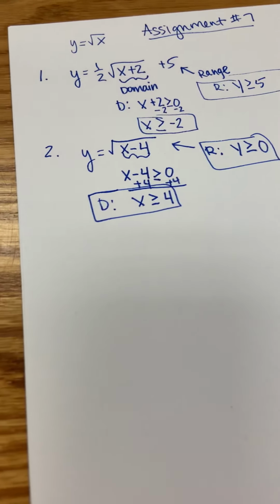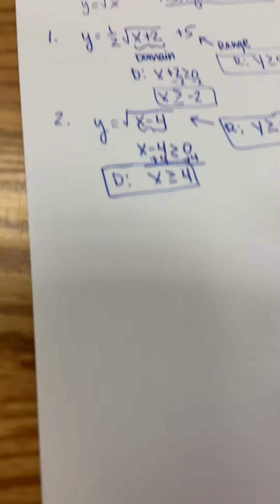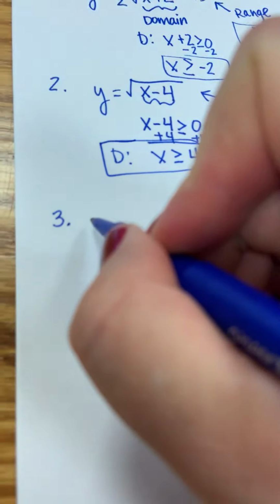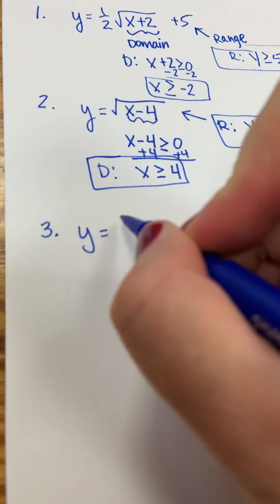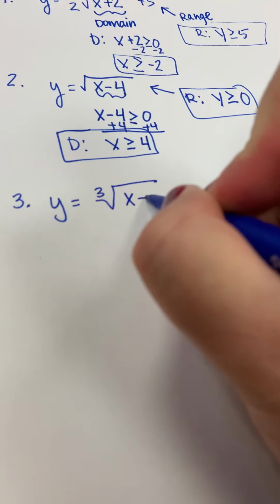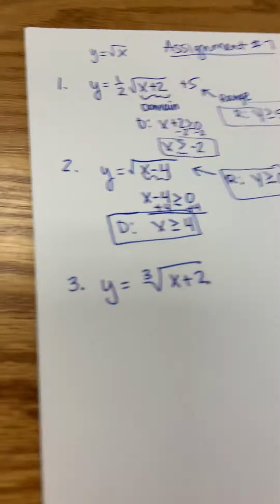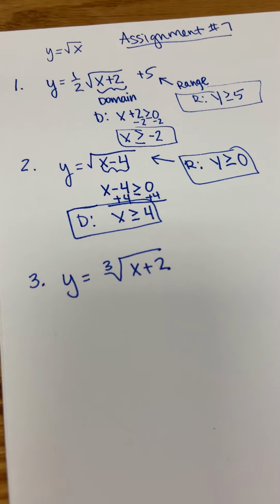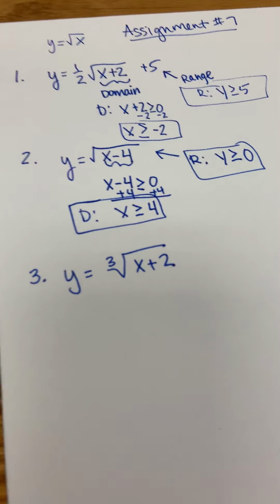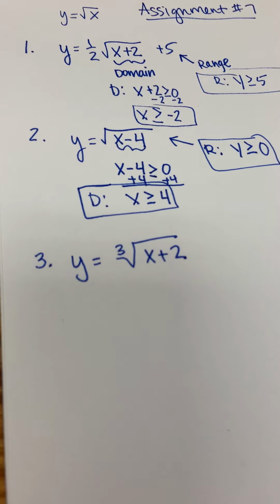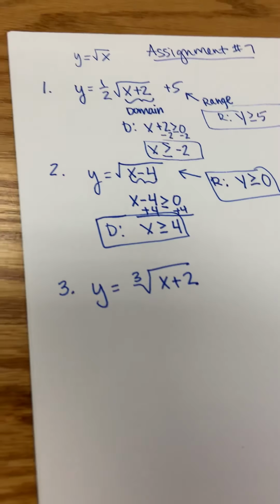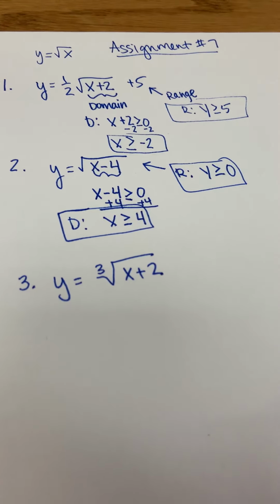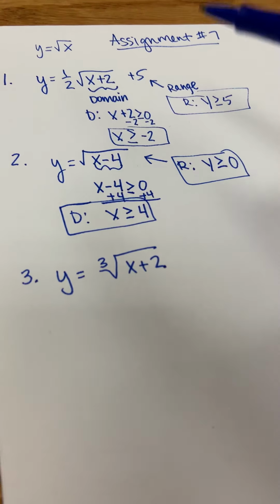Okay, number 3, it is y equals the cube root of x plus 2. Now, in order to do this, there's a couple of things. Because there are cube roots, the cube root function itself, so square roots are very minimal.